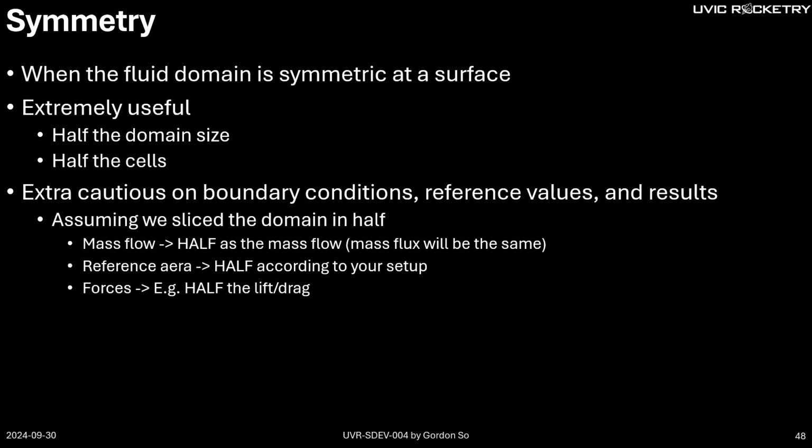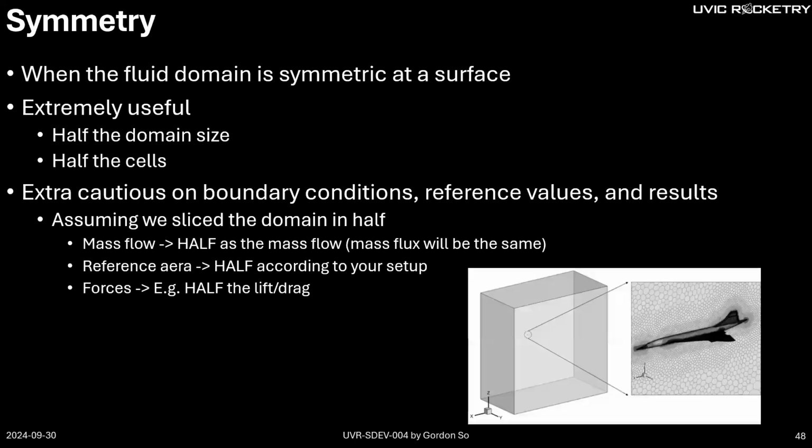Be really careful of what you define for values, because when we slice the domain in half, like in this picture, I think it's a Concorde, sliced here, we just slice the aircraft in half, and then this is our domain. If you use the wrong reference area, you will get the wrong result. And if you're using a mass flow inlet condition with total mass flow, and you define the same mass flow, you get double, right?